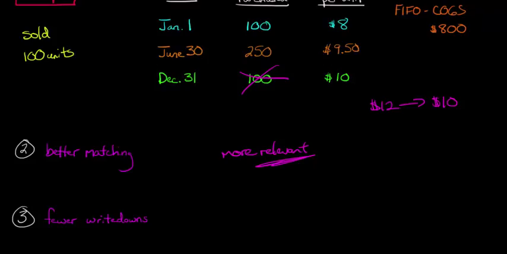Or wait, let's use $9.75. That'll be a better example. So let's say the market price of this inventory dropped to $9.75.